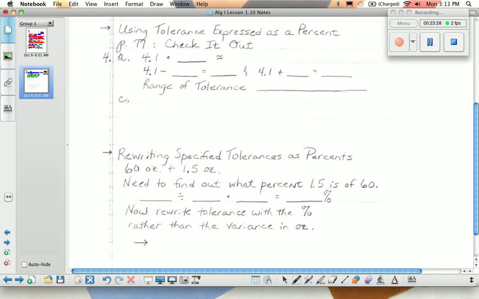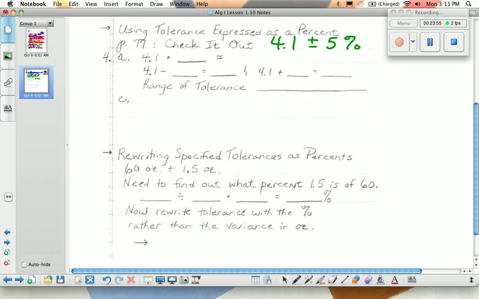Well, in our first one, problem number 4, we're actually going to do 4A, and you're going to do C on your own in your SQ3R. So 4A, what's the ideal? I think it's written something like this. The tolerance range is 4.1 plus or minus 5%. Am I right? Okay.